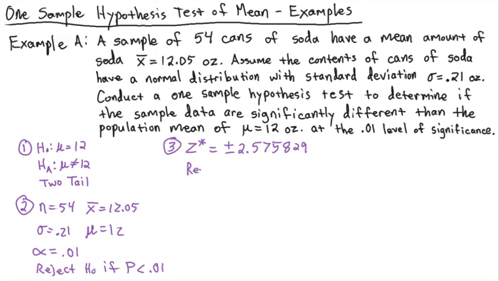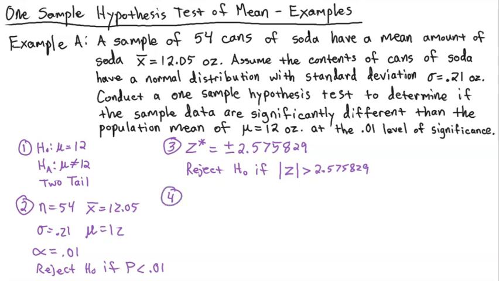We're going to say reject H sub O if the absolute value of the z statistic is greater than just the positive version of this, which is 2.575829. Okay. All right.